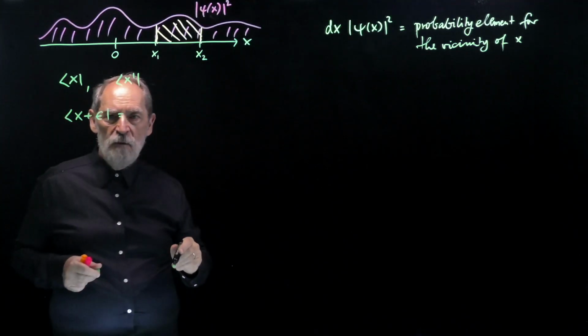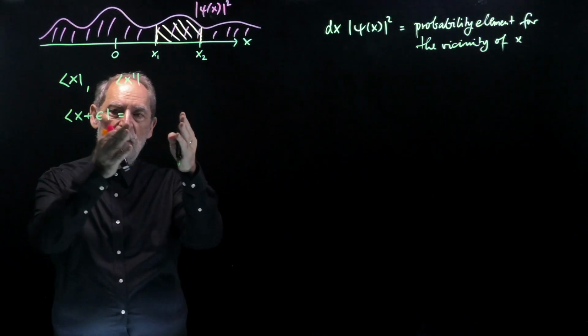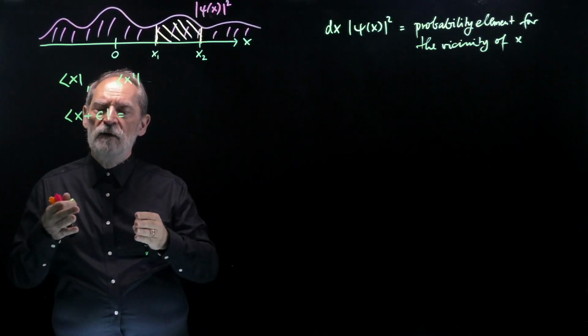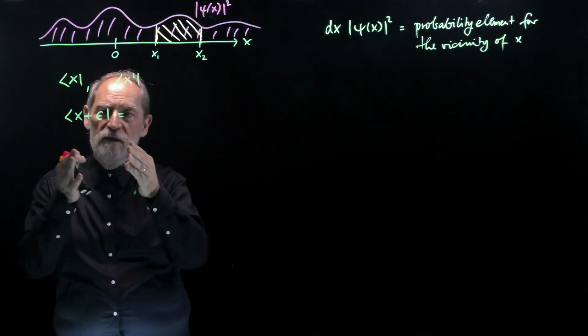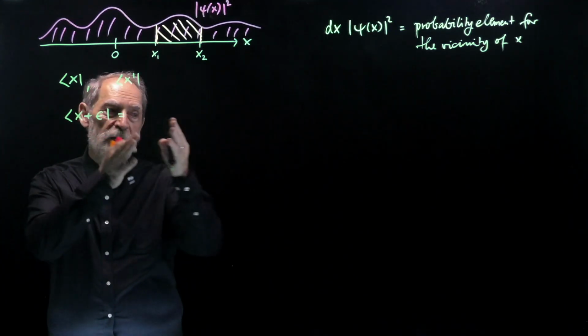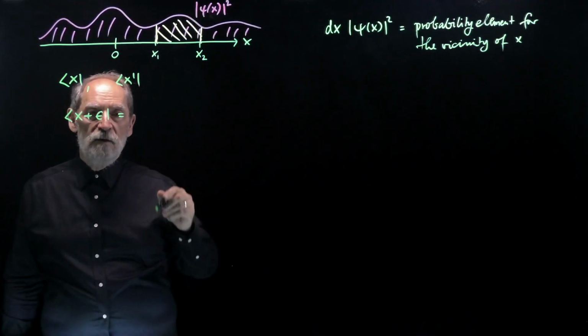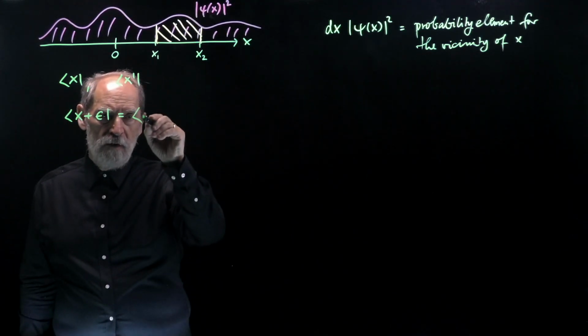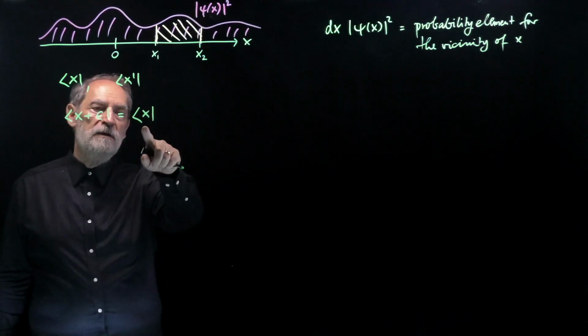And so this has to come about, since if I shift all the x's by the same amount epsilon, then I turn the whole basis of x bras into another basis, which is just obtained by relabeling them a little bit, shifting the whole basis by an epsilon. So this must come about by applying a unitary operator to the original x.